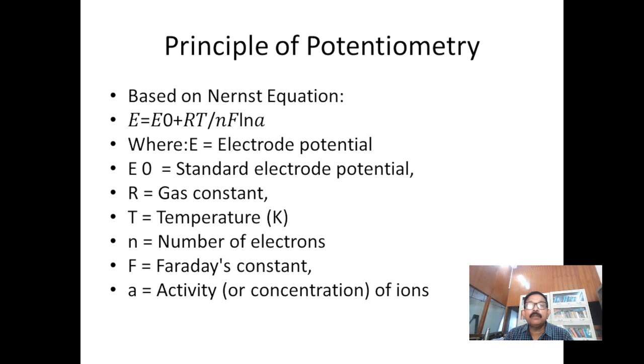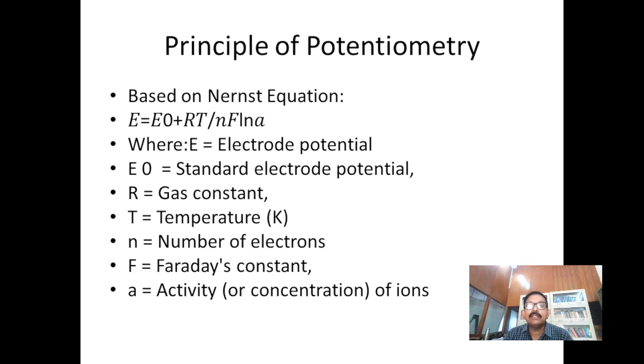The basic principle in potentiometry is based on the Nernst equation. Almost 80% of electrochemistry is based on the Nernst equation. It tells us the relationship between the amount of the substance that we are taking and the amount of electricity that can be generated from that substance.